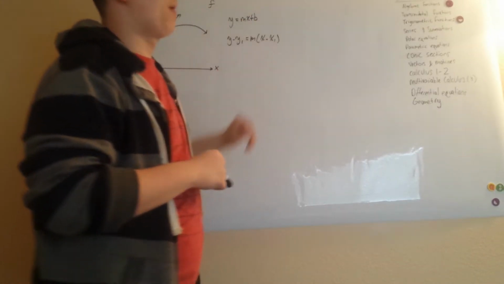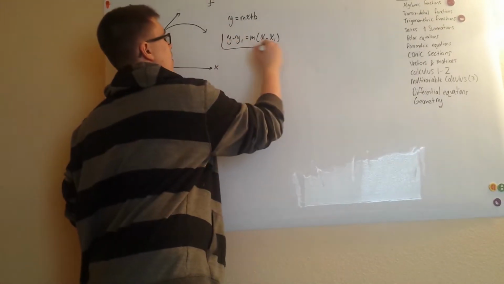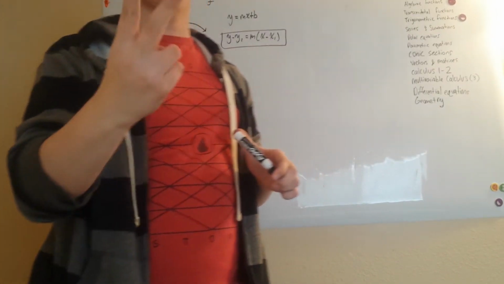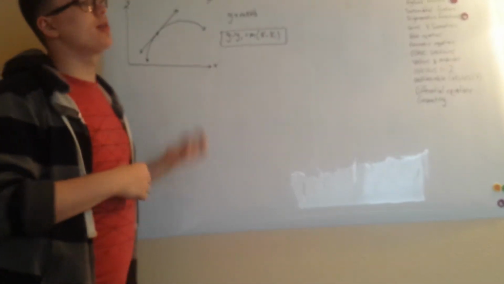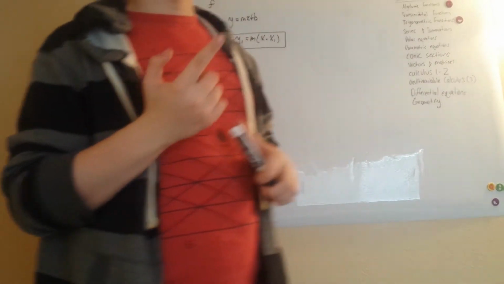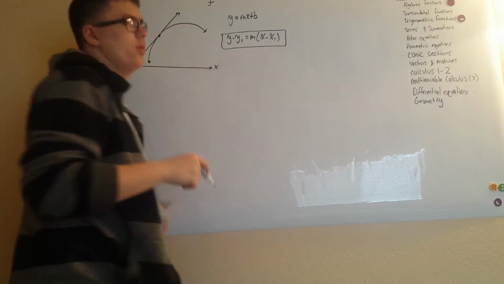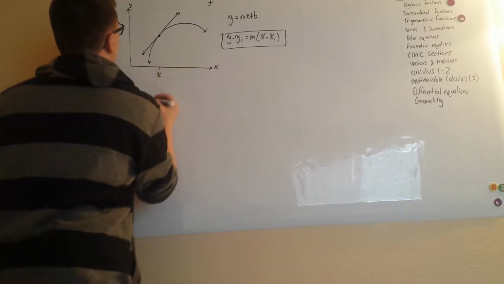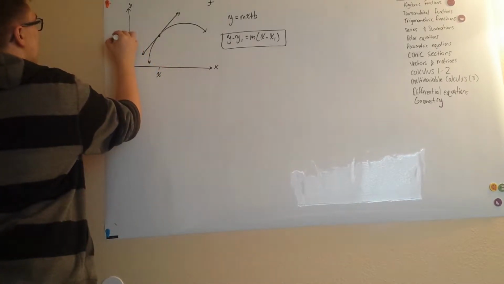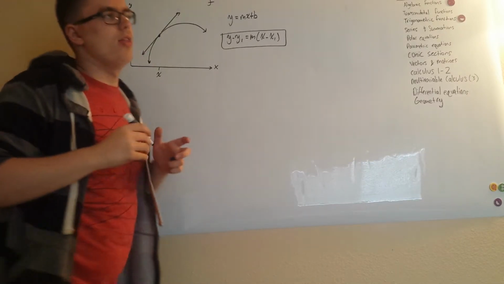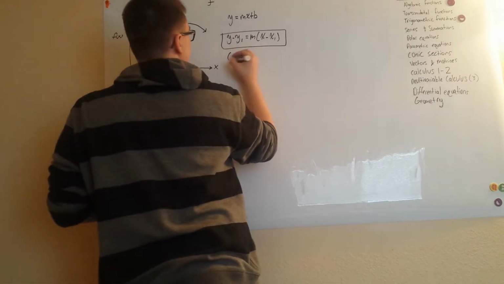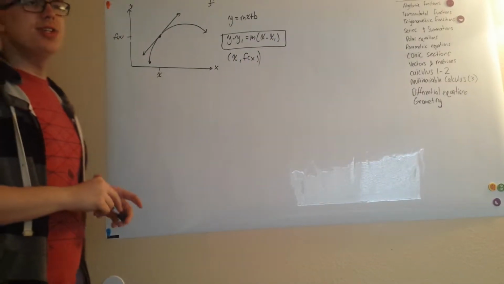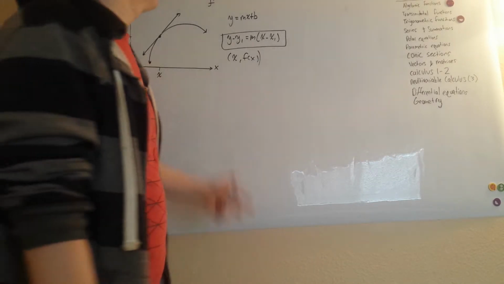We're going to use this form because it requires two things: the slope and a point. Based on this diagram, we already got one piece of that information, the point. We'll just call it x, comma, f of x. We just need the slope. That's why the question boils down to, what's the slope?